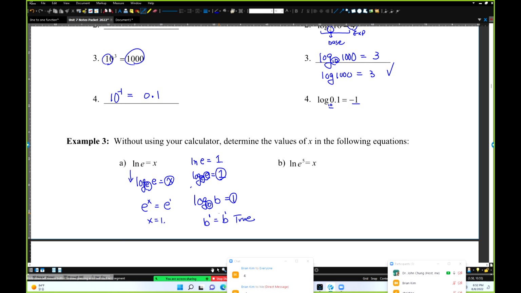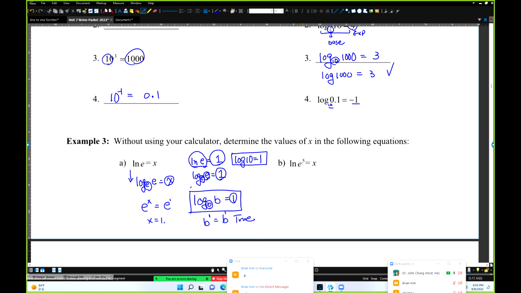That's why when the base number and the power are equal, the value always equals 1. In this case, ln e is log e of e, same number, so ln e equals 1. Also, common log 10 is 1, because the base number is 10.